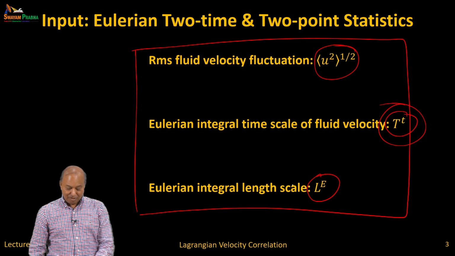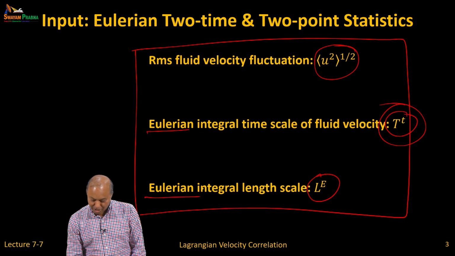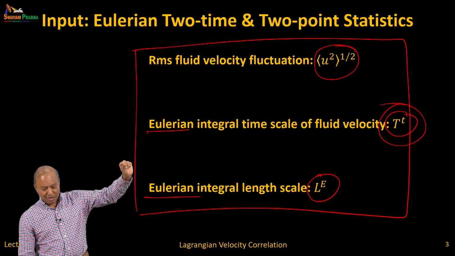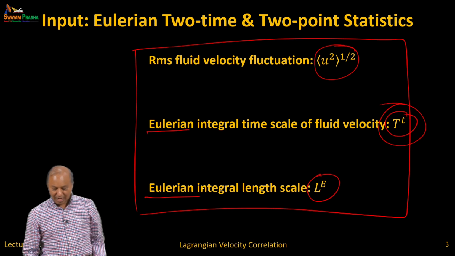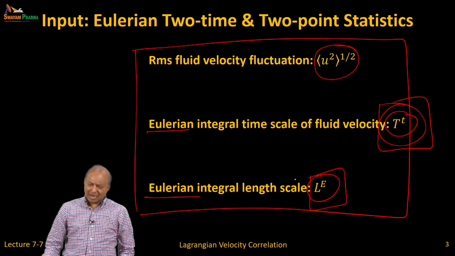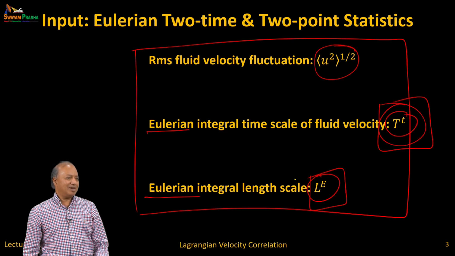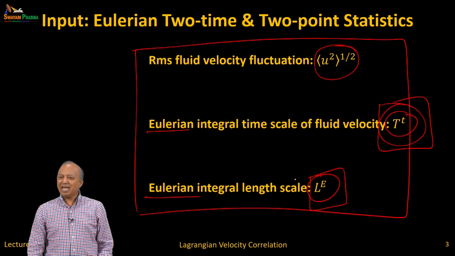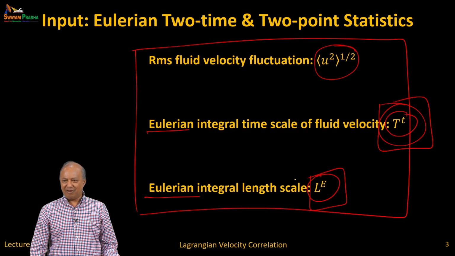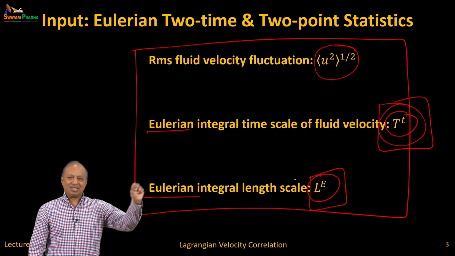Eulerian. This is a fixed probe, that's why they say Eulerian. So you measure at a fixed probe and you do a two-time correlation. What's the time scale of it? That's this. This is the information you may not typically have in your RANS simulation, but from K and epsilon you can make a very good guess of what's the time scale of turbulence, what's the length scale of that turbulence.